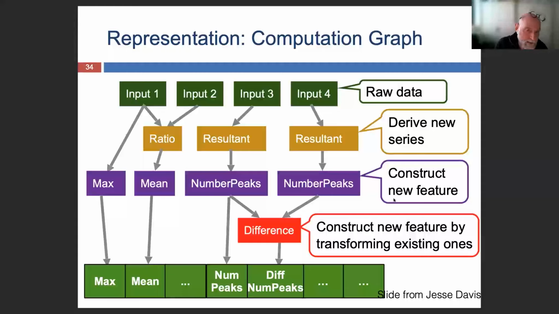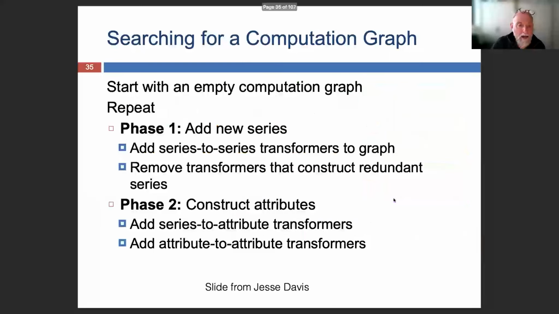And then the next level, the purple one, where they would construct new features as operations on these time series. And they would continue like that, get this kind of computation graph, and ultimately end up with a set of features. Of course, there would be a lot of feature selection going on there as well in these search methods.